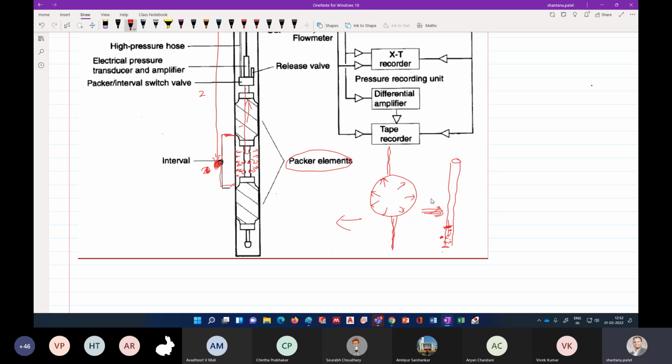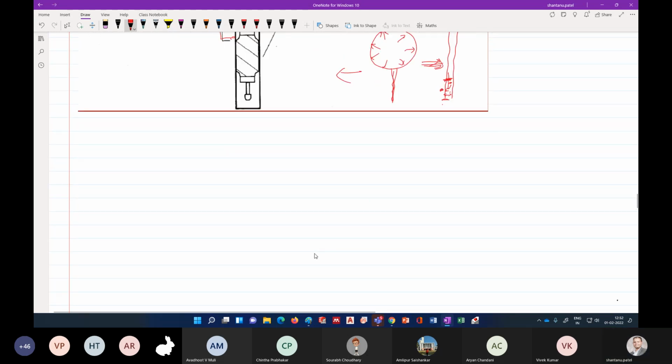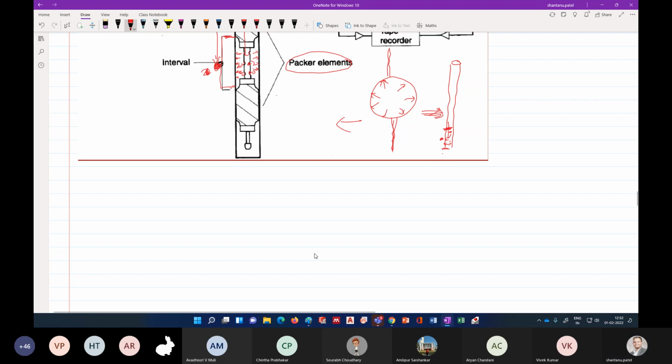So now, if we plot this, or maybe before that, what happens? Let's say you take a section here and you are looking from the top, so this is the circle.